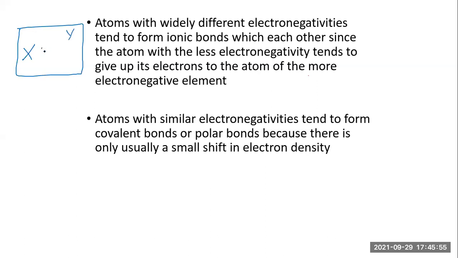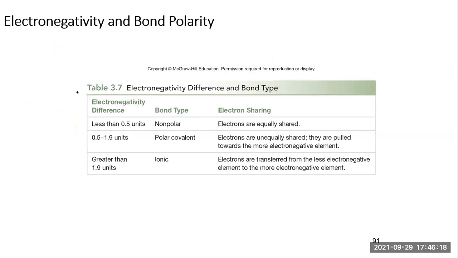These guys are very far away from each other, should have a very different electronegativity, and we would expect an ionic bond to form, as opposed to when we get into covalent bonding, we're really talking about everybody in the same location on the periodic table. So again, they have very similar electronegativity values, and that's why we get some sort of sharing happening, as opposed to a transfer of electrons.